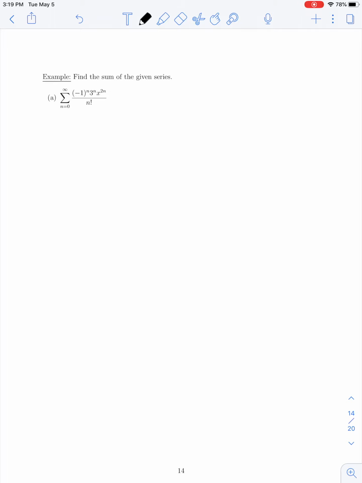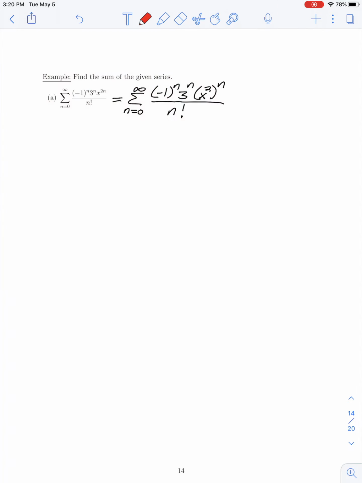So if we start by rewriting this series a little bit, let's think about how we could maybe simplify this. We could rewrite this as the sum from 0 to infinity of negative 1 to the n times 3 to the n, and our x to the 2n power I can think of as x squared to the nth power. And then the whole thing is being divided by n factorial.